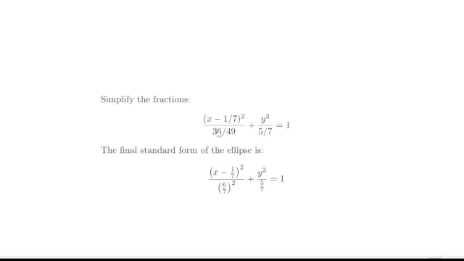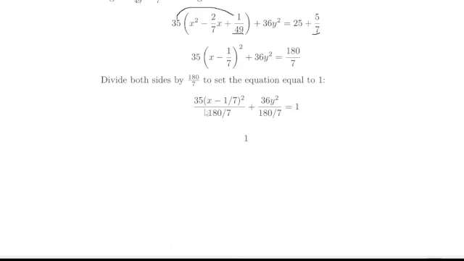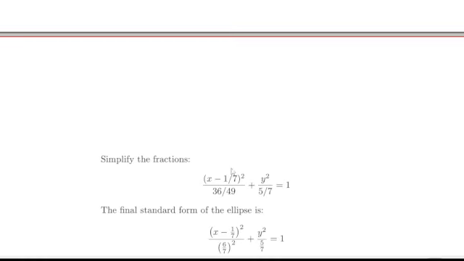So on the left side, we have x minus 1 over 7 squared, and then 35 over 180 over 7 is just 35 times 7 divided by 180, or 1 over 180 divided by 35 over 7, which simplifies to 36 over 49.